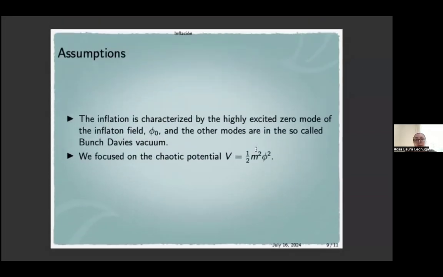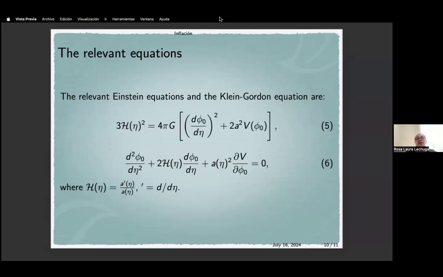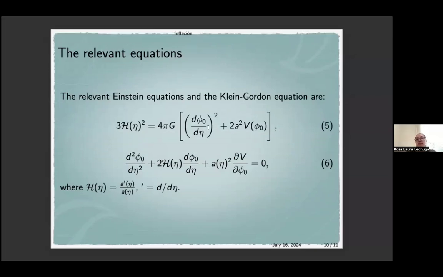Tomorrow, I'm going to show you that if we take the assumption that the particle suffers terminal velocity, and we consider that this V is really bigger compared with the velocities of this particle, and we consider the change of V compared with the velocity of the zero mode of the inflation field, we can get the proper equation to explain the motion over the potential and how the universe starts to expand.